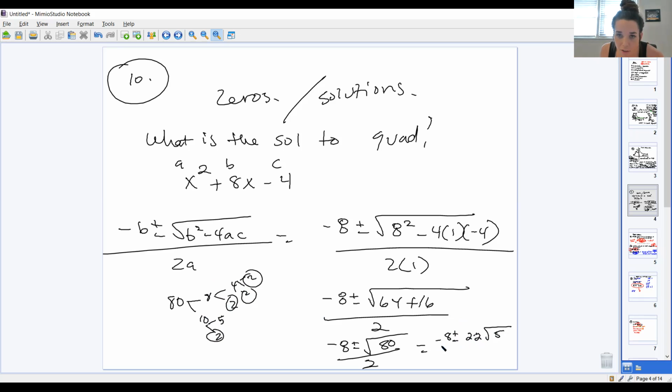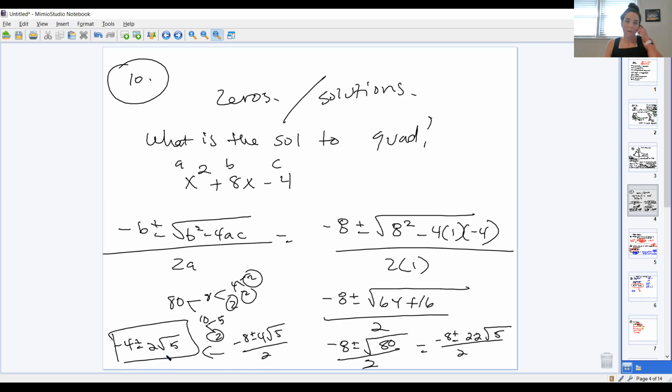And then 5 is going to be left underneath the radical. So this will become negative 8 plus or minus 4 square root of 5 divided by 2. And now I can simplify what's on the outside. So I can divide everything by 2. And so my final answer is going to be this. I wish I didn't have it so messy. Okay.